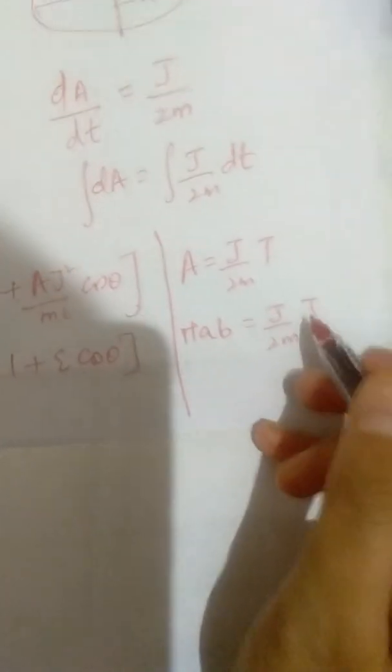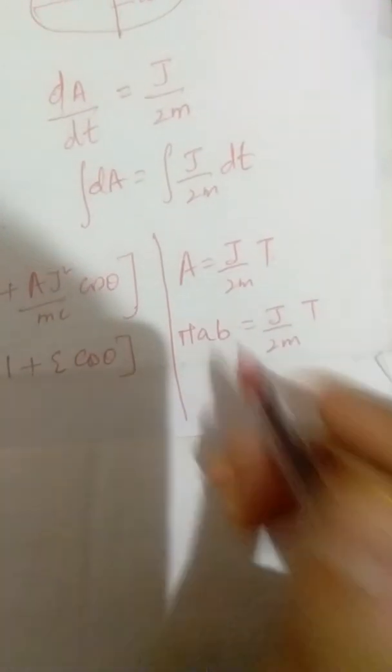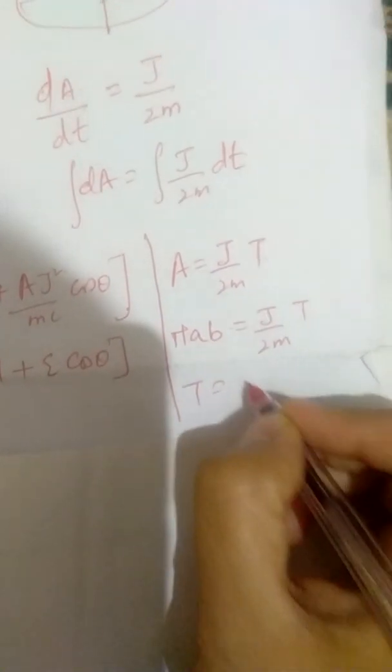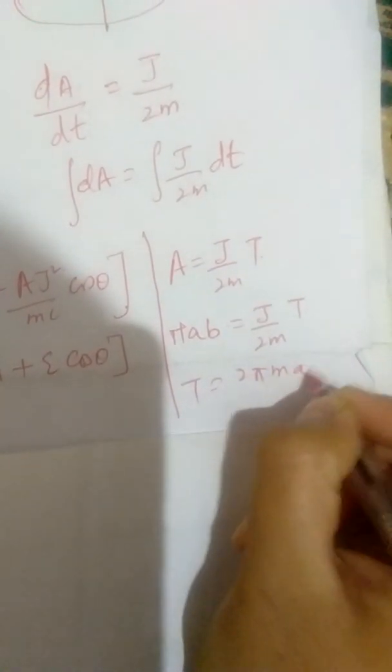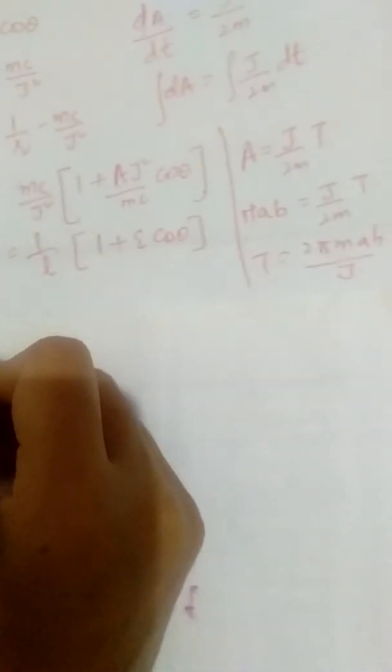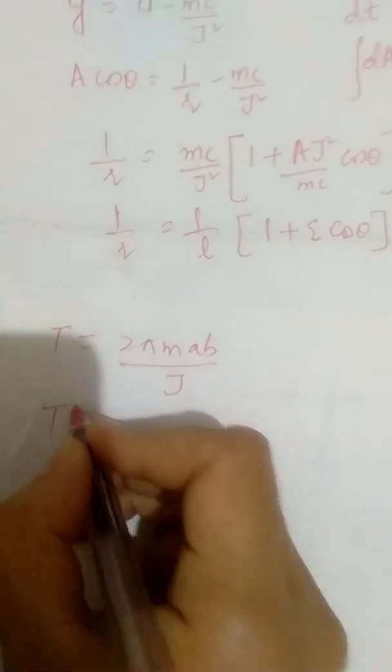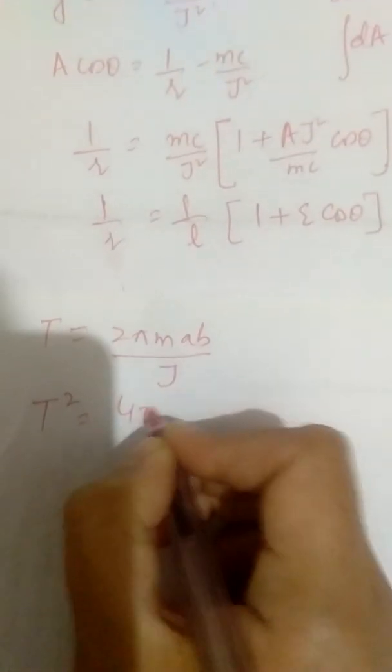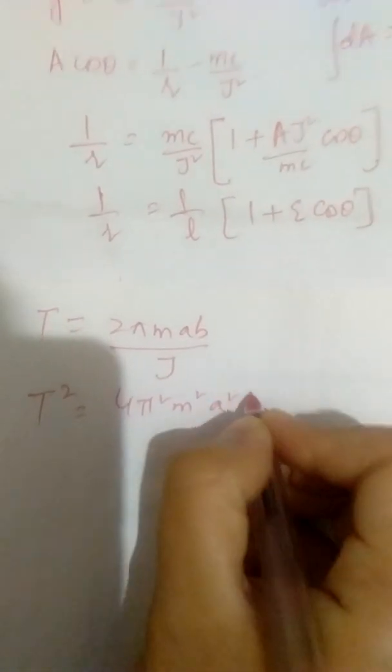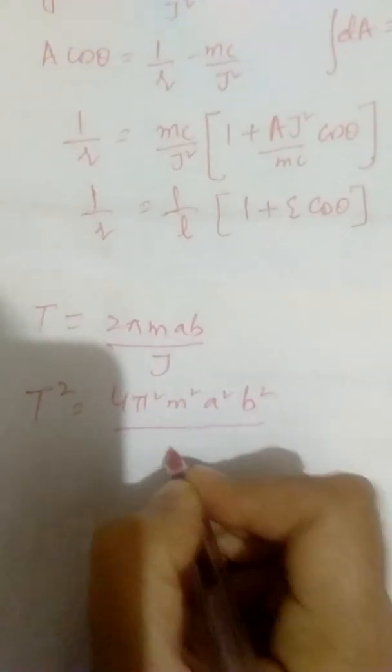So T = 2πmab/J. From here, the square of T is 4π²m²a²b²/J².